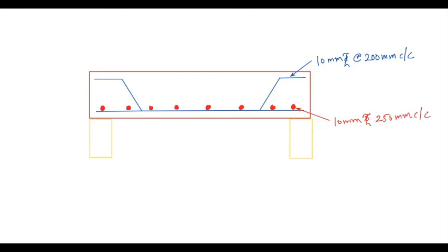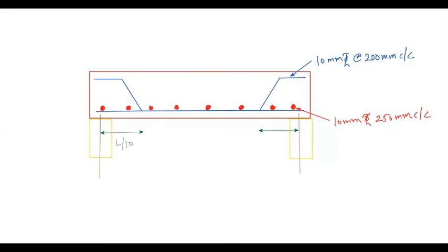Now I will draw the center line of the support. This is the center line of the support. This is also the center line of the support, and the length of this bar, this bending length from the center of support, is L by 10. How much is it?